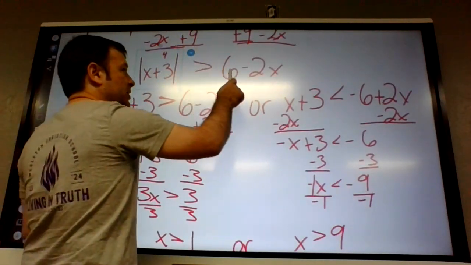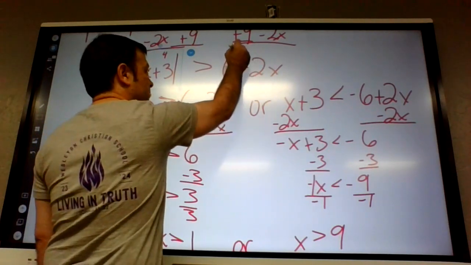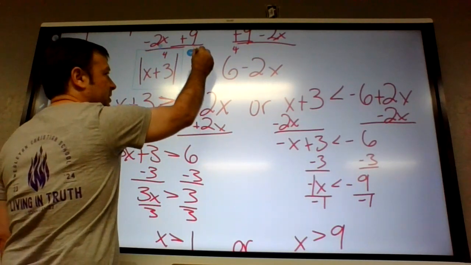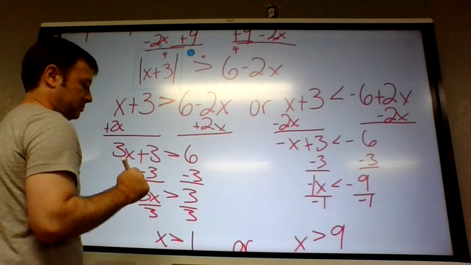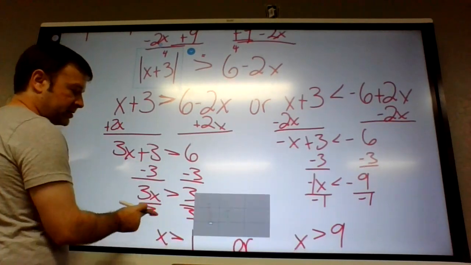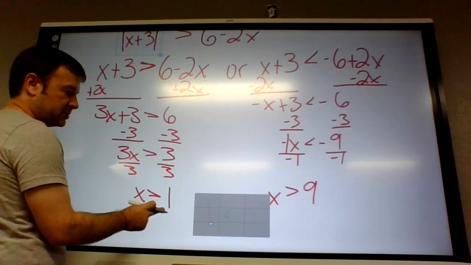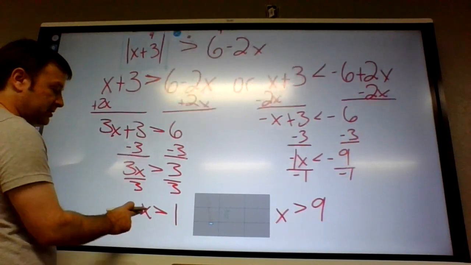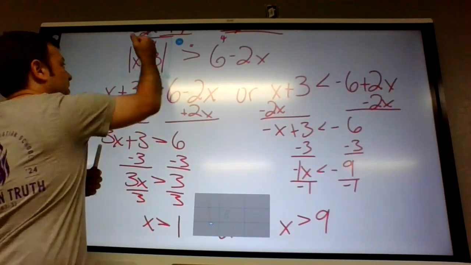If I plug in 1 here, 6 minus 2 times 1 is 4. The answer is not actually 1, we should have just plugged in 2, I guess. Anyway, I'll plug in 2.